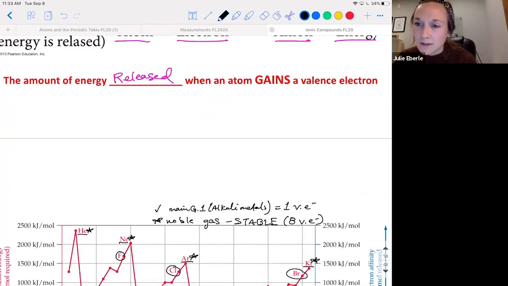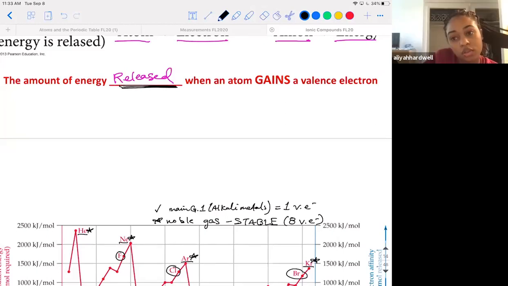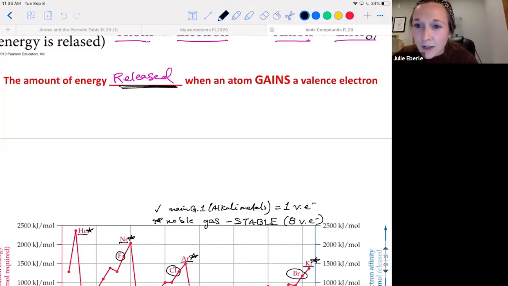Now, let me ask you this. If an element is releasing energy, do you think it's going to be more or less stable? More. More stable, okay? I have a 2-year-old. If I give her a lot of energy, and often that's in the form of sugar, okay? I had to be watching like a hawk yesterday. When we go to family's house, they love to sneak her sugar, okay?